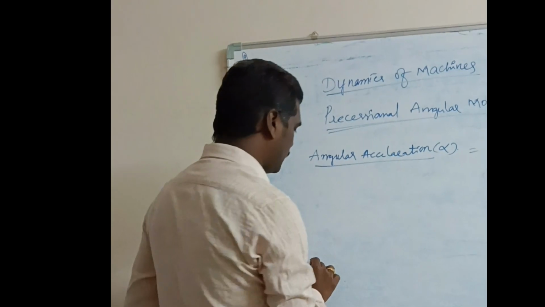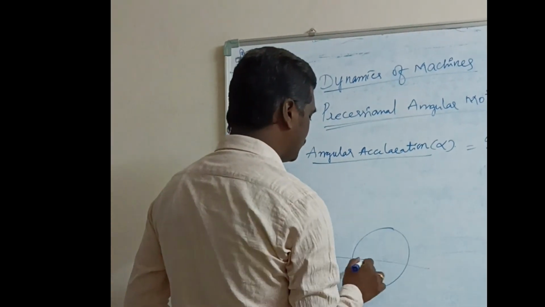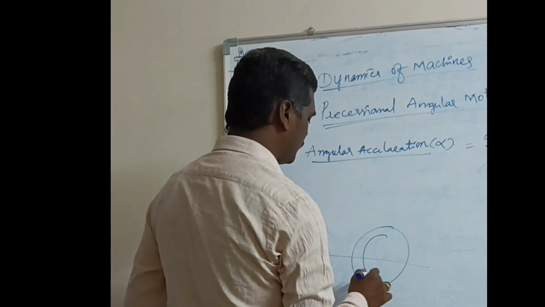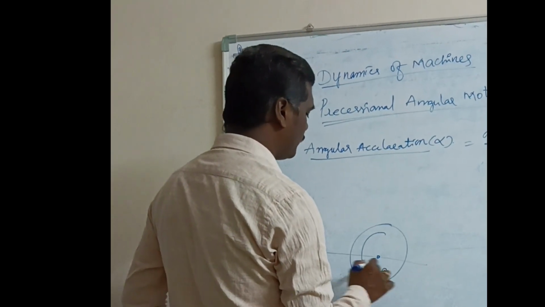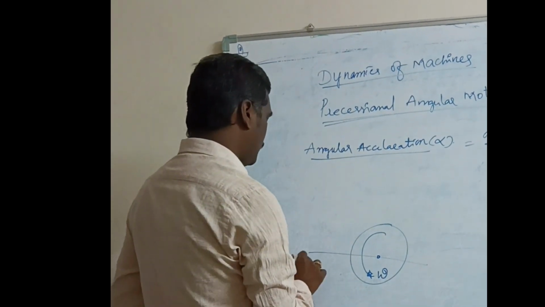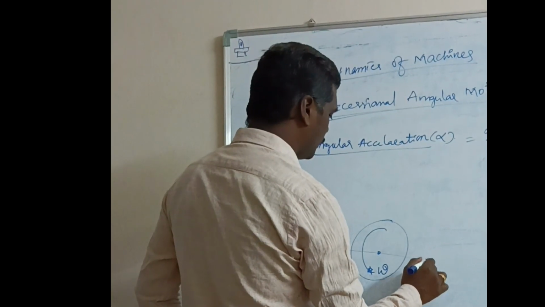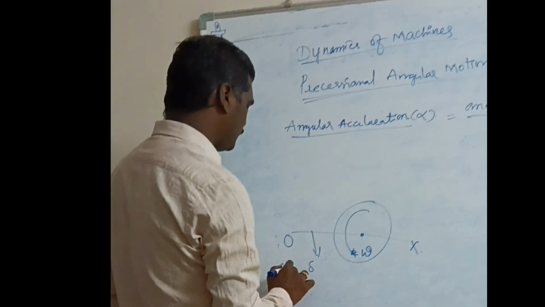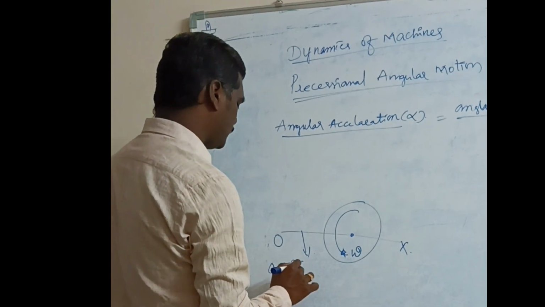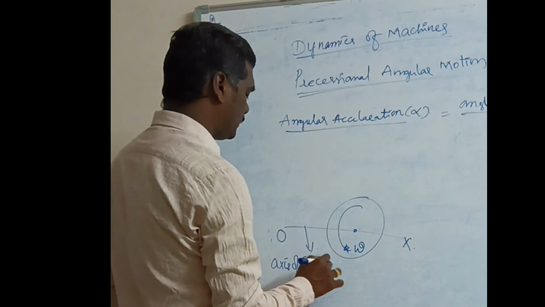Consider the diagram of a disc rotating in the anti-clockwise direction with the angular velocity omega about the axis OX. This axis is called the axis of spin.